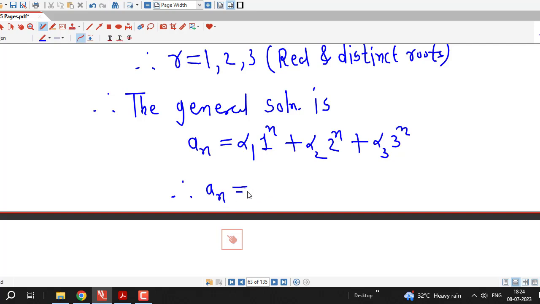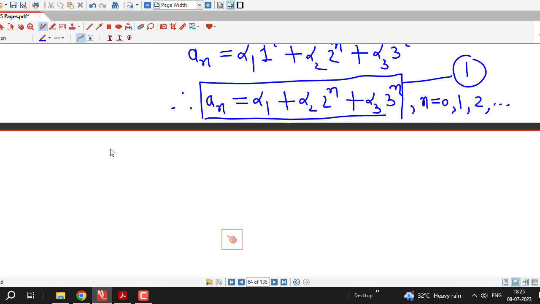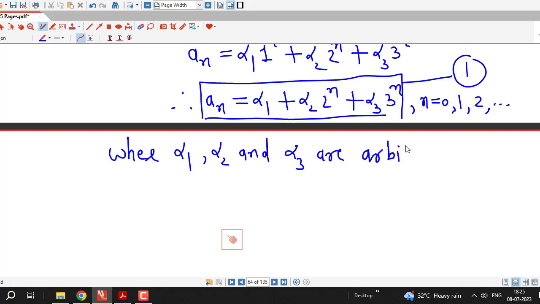Therefore we have a_n equal to alpha 1 plus alpha 2 into 2 raised to n plus alpha 3 into 3 raised to n, where n is 0, 1, 2 and so on, and alpha 1, alpha 2, alpha 3 are arbitrary constants, and we give this equation number 1.